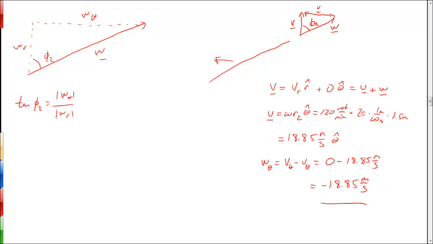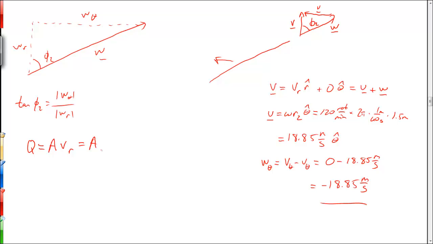But just as we did in the first part of this example, we showed that the flow rate, Q, has to be equal to the outlet area times the radial component of the velocity. And I guess I should write this as VR because at the moment that's all we know is VR in the absolute frame. But we know from our vector triangle that VR and WR have to be the same thing.